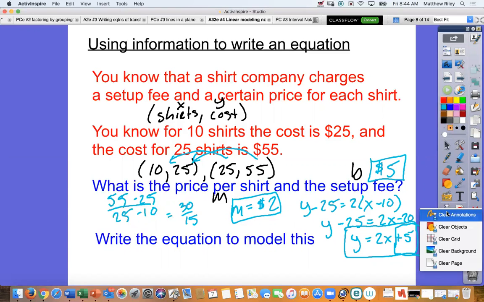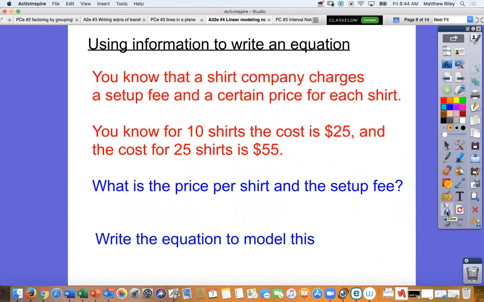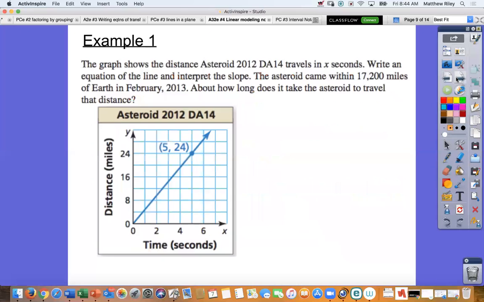Okay. So if we went back to the beginning, the title of these notes is modeling linear equations. This is kind of what it looks like. So we're only going to do 2 or 3 examples. Now, I want you guys to understand how to do line of best fit.